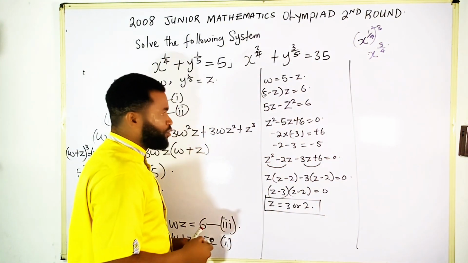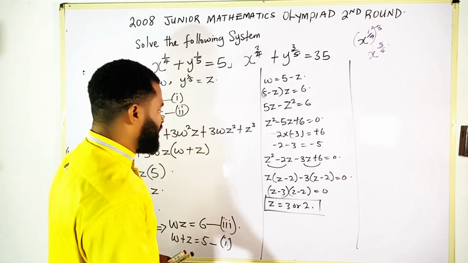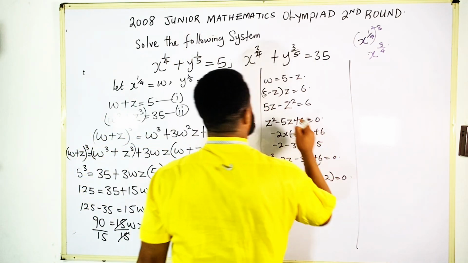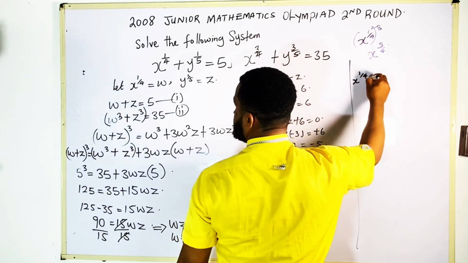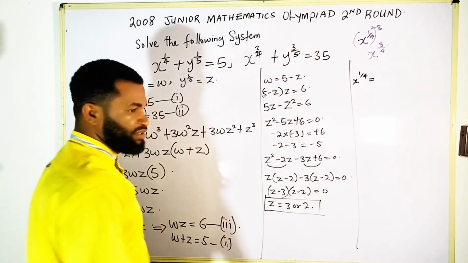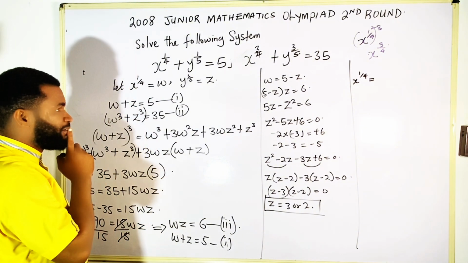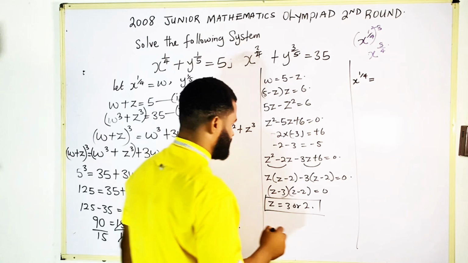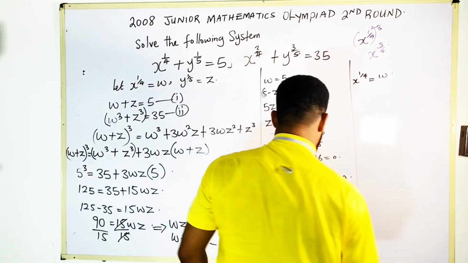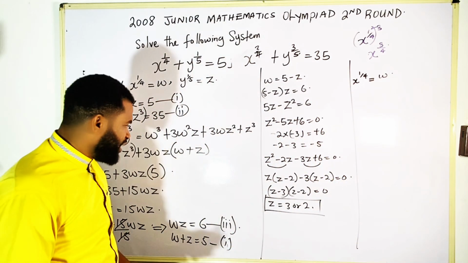Alright, let's keep going. At this point, look at what I said: x raised to power 1 over 4 is the same thing as what? I called it w. Remember, all I found was just z.